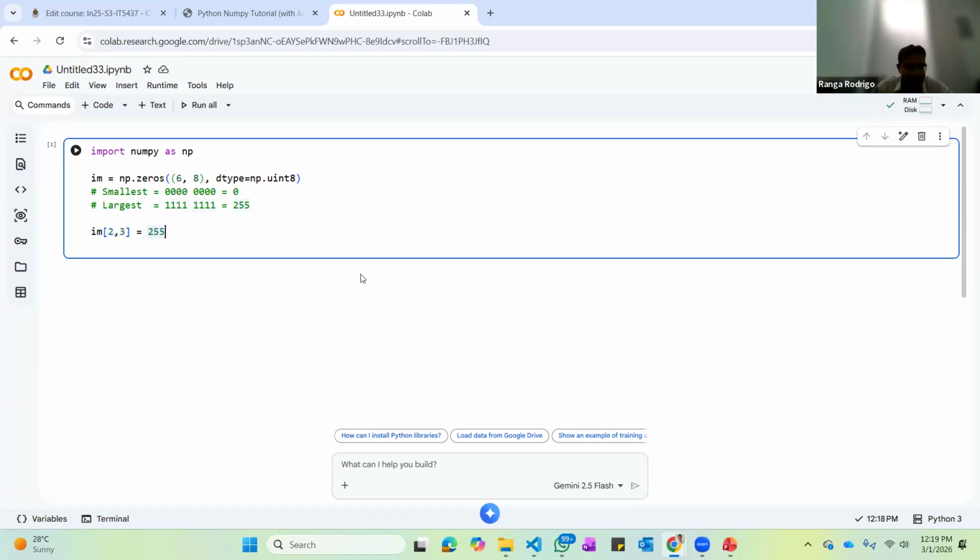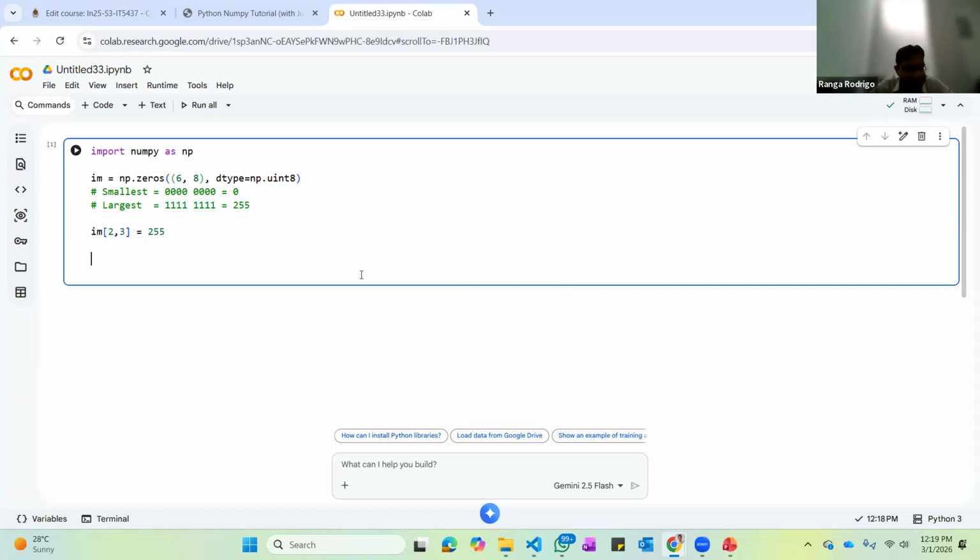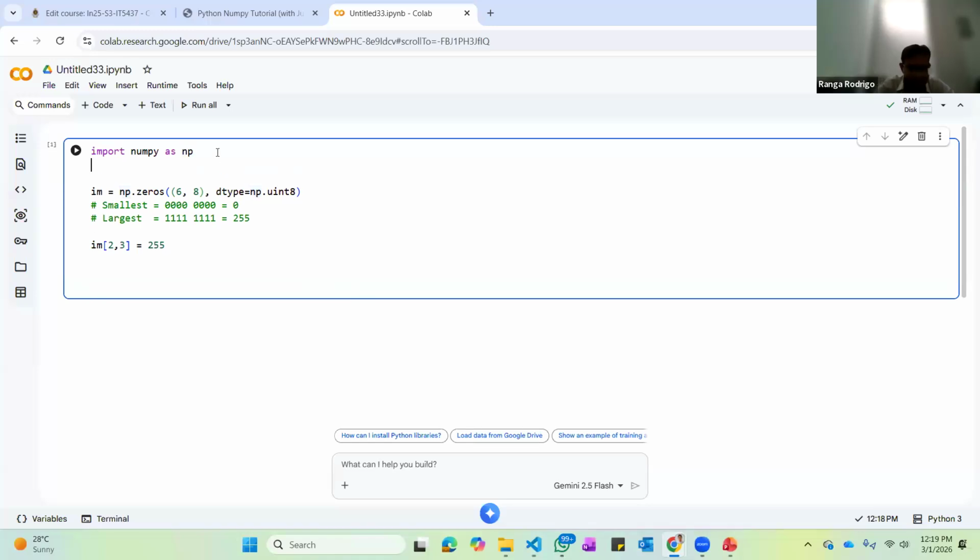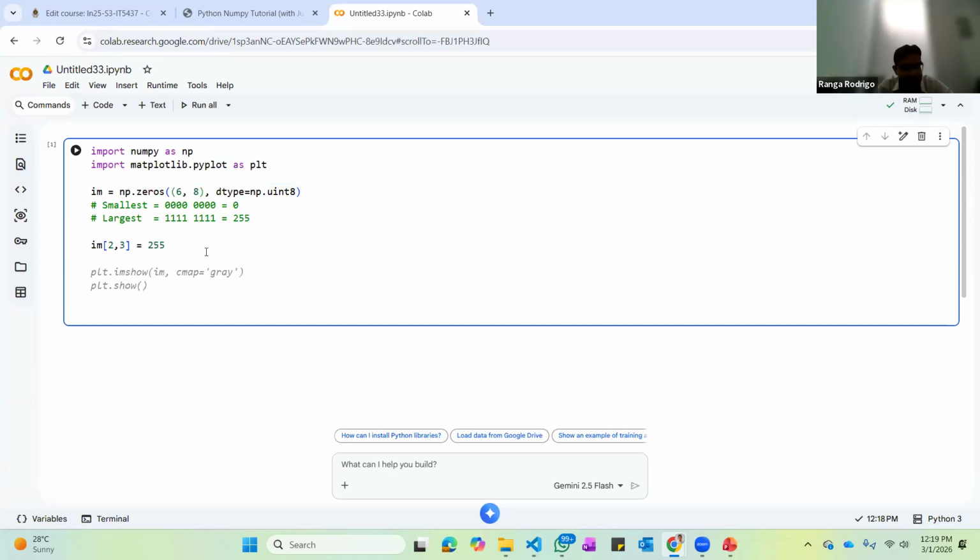Now I want to display that. To display, I need so-called matplotlib. Import matplotlib.pyplot as plt. So I imported that. Now I'm going to display that. You can use the imshow command: plt.imshow.